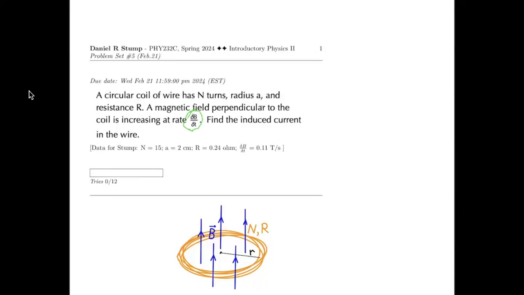Write that as delta B divided by delta T. And then the question is, find the induced current in the wire. And some things are given, like the number of turns of wire, the radius, I guess, is A, the resistance, some number of ohms, rate of change of the magnetic field.